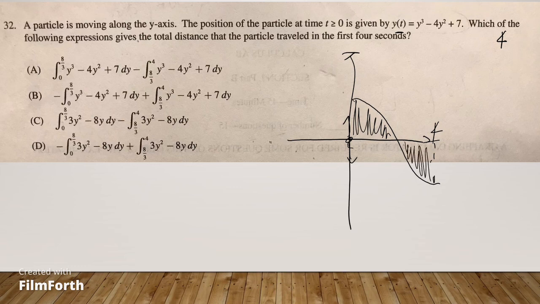So we need to check if this particle changed direction. How to find if the particle changed direction? It's very easy. We just need to set the velocity function to be 0 and evaluate the t. And if t is between 0 and 4 seconds, then that means it changed direction. If it's not, for example, it's 5 seconds, then it doesn't matter.